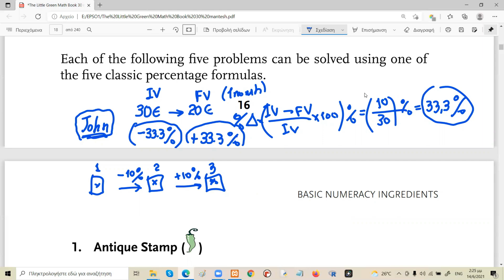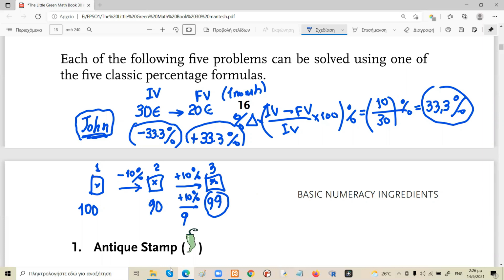Is that correct? Let's see. Suppose that the value of the stock is 100. Minus 10%, the new value is 90. It increases by 10%. So 10% of 90 is 9. So it goes to 99. So no, it doesn't go up to the same amount.